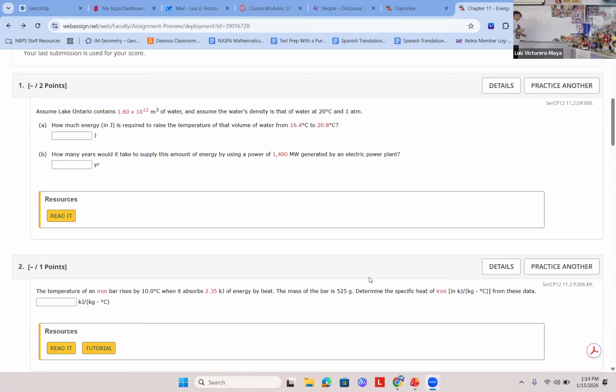But the question is in years. So you want to find this in years. Delta t in years, you're going to divide 2.1 times 10 to the 10 by 365 days, 24 hours, 3,600 seconds per hour.